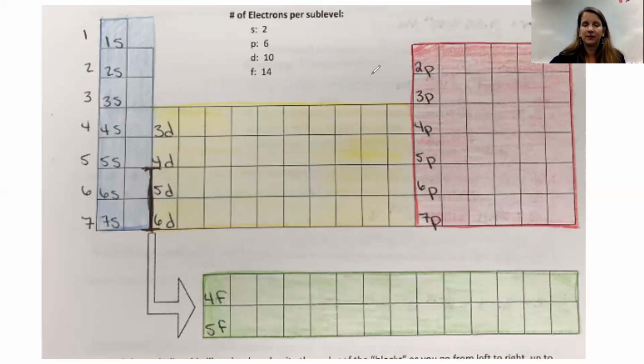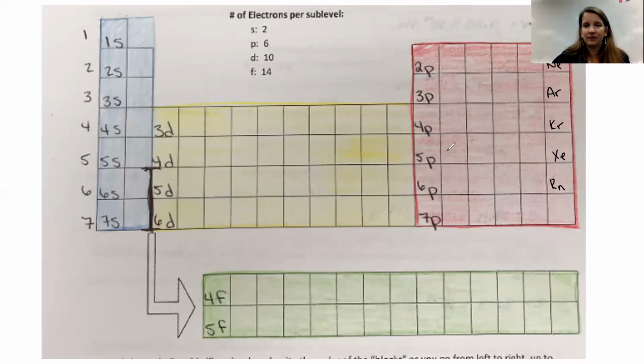Let me change my color here. The shortcut is called the noble gas configuration. So your noble gases are over here in the last column. We have helium, neon, argon, krypton, xenon, and radon. So those are your noble gases. So a noble gas configuration puts a noble gas in brackets, therefore accounting for the electron configuration of that noble gas.